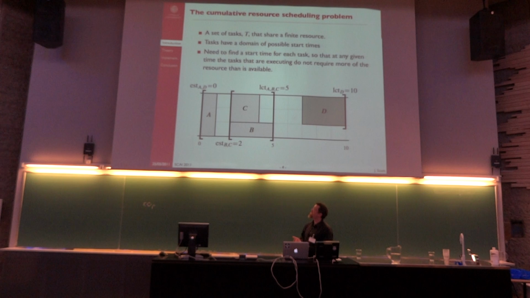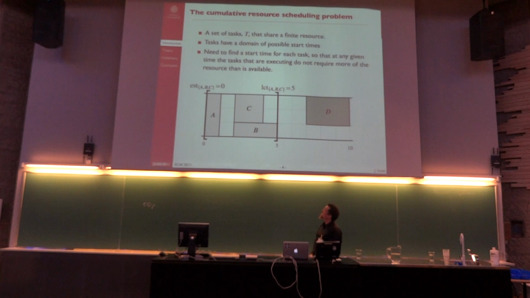We can also lift these concepts to sets of tasks. So here we have several tasks, and if we look at the set of tasks A, B, and C, the earliest start time of a set of tasks is the minimum earliest start time of any task in that set. So in this case, for A, B, and C, it's 0, and the last completion time for the set is the maximum last completion time for any task in the set, so in this case 5.